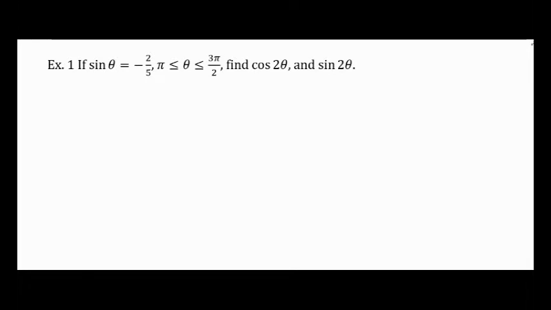When it says sine theta is negative 2 over 5, what's that telling us? What information does that give? It gives us a lot of information. If it's negative, it's the third quadrant or the fourth.